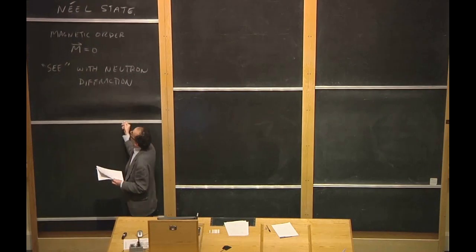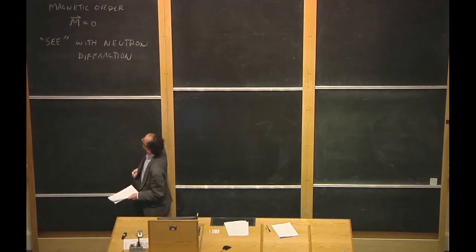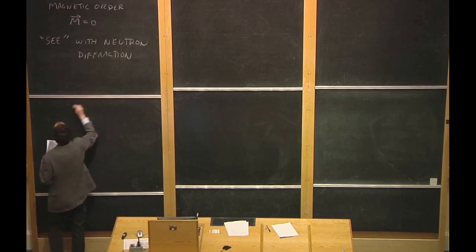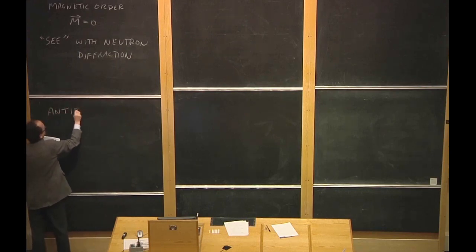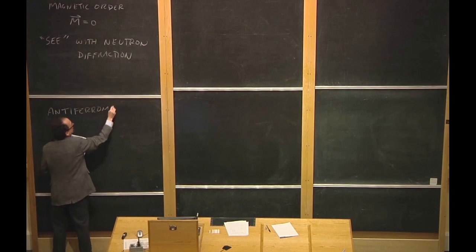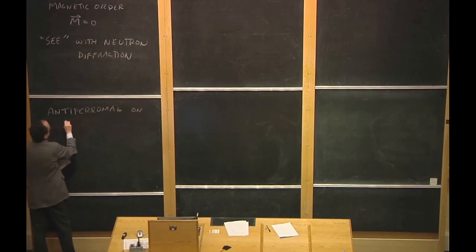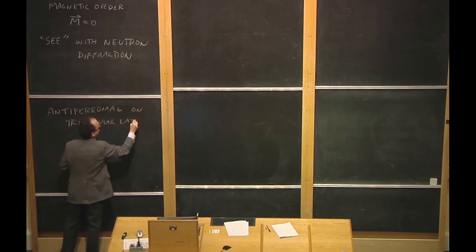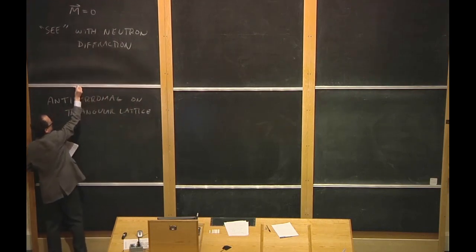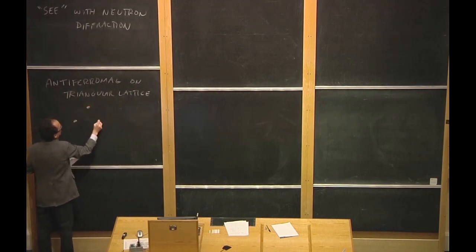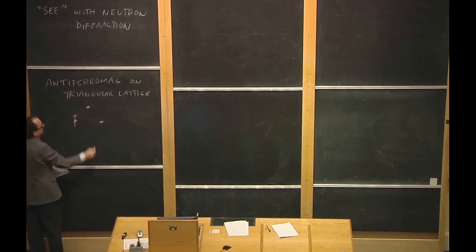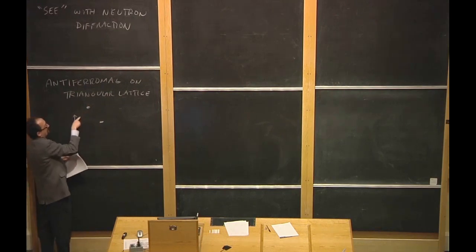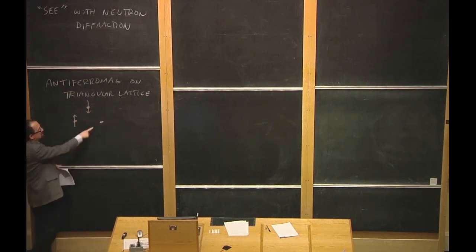All right. So one more comment about this case of antiferromagnetism is that you can have antiferromagnetic coupling on a triangular lattice, and then you'll get something really strange. So let's imagine we have a triangle here, 3 atoms in a triangle. And if the first one happens to have his spin up, the second one wants to have a spin pointing in the opposite direction from this one, so he points spin down, and then this one wants to have an opposite pointing spin to each of his neighbors, but he's in trouble.